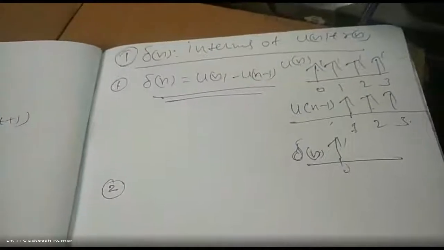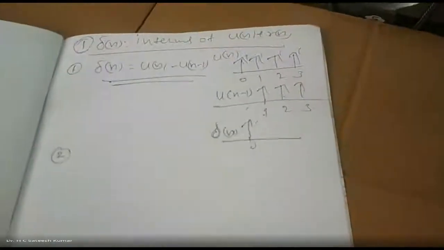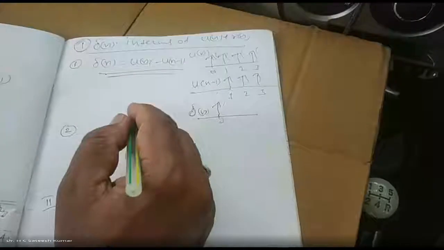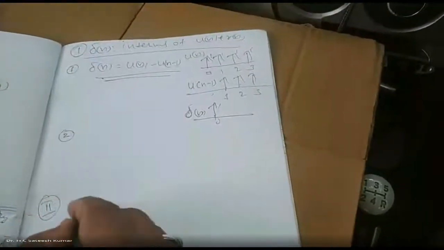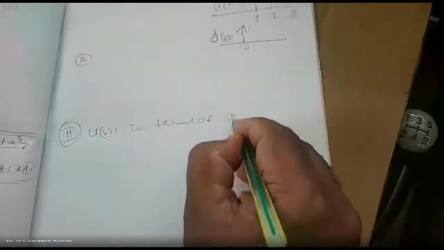Okay, before going to that, leave it, because for that we need one more relation. That's why I'll go for the next one. I'll keep that one, delta of n in terms of r of n, and do it later. Second one, u of n in terms of delta of n and r of n.